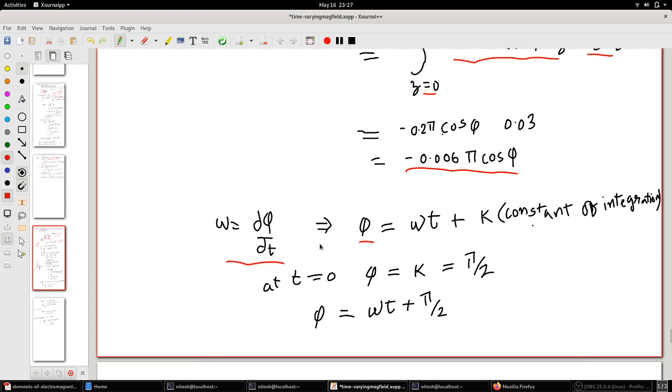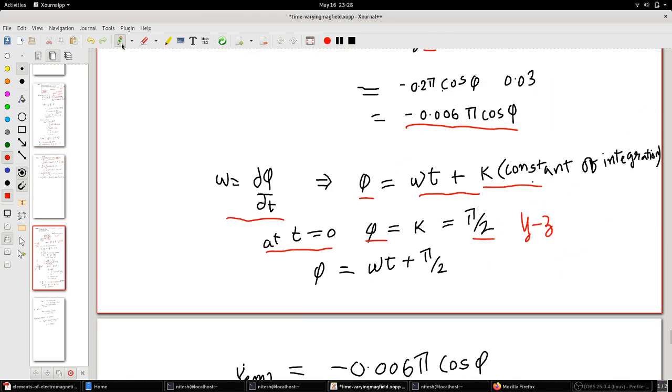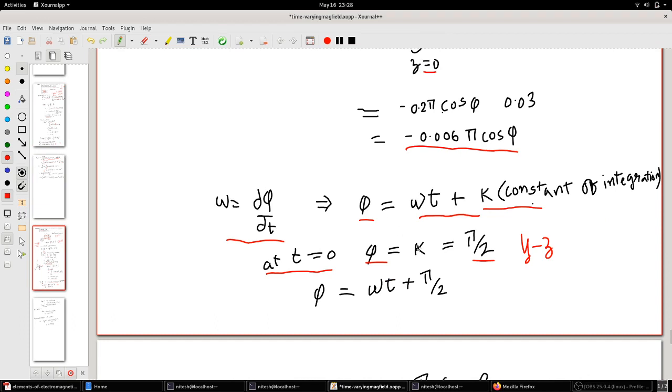So if I integrate on both sides, I get phi equal to omega t plus k, where k is a constant of integration. At t equal to 0, phi equals pi by 2, because that's where your loop is, in the YZ plane. So k becomes pi by 2, and phi equals omega t plus pi by 2.